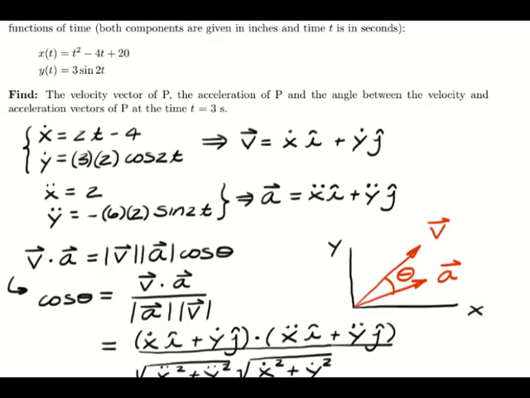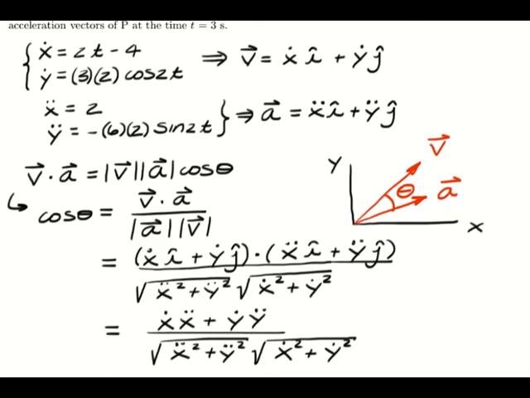You could use a little bit of trig and maybe find the angle between v and the x-axis and a and the x-axis, and then subtract those two. But I think the most straightforward way here, and we need to get used to using vector operations, is to take the dot product of the vector for v, the vector for a, and from that we get our expression that's shown here for the cosine of that angle.